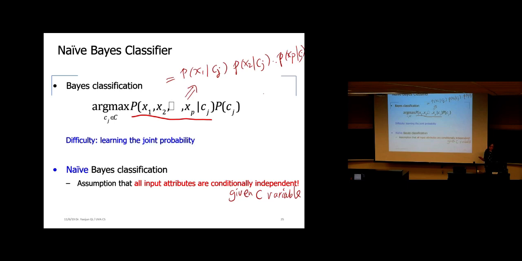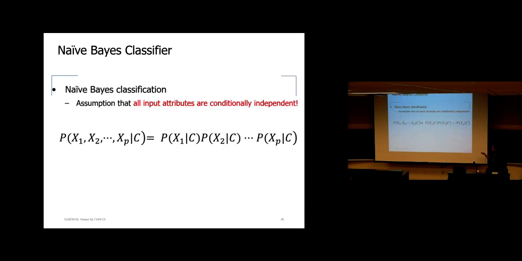I don't need to do the joint anymore. I only need to estimate x1 conditioned on Cj, x2 conditioned on Cj, up to xp conditioned on Cj. This is a simplification. It's not that this exists naturally; this is my assumption that the joint probability equals the multiplication of each.